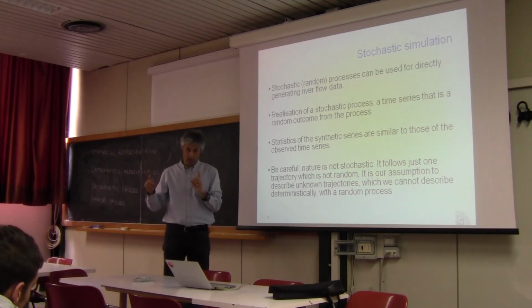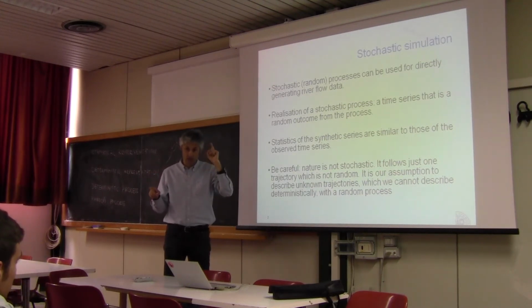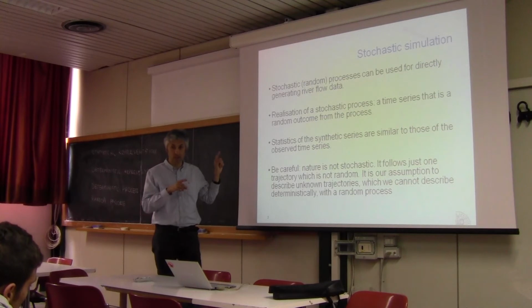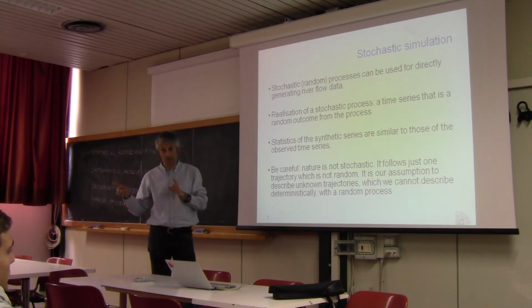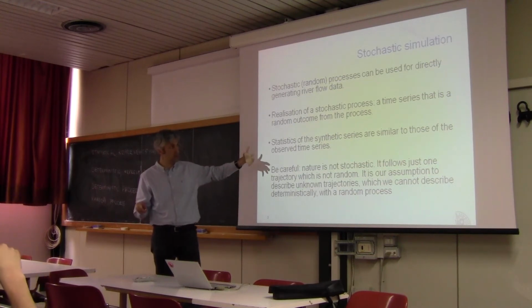So basically, the assumption is that what we observe in nature is just one single realization of the mathematical statistical model that we use to generate it. But if we try again to generate the process, then we get different outcomes and therefore several realizations.